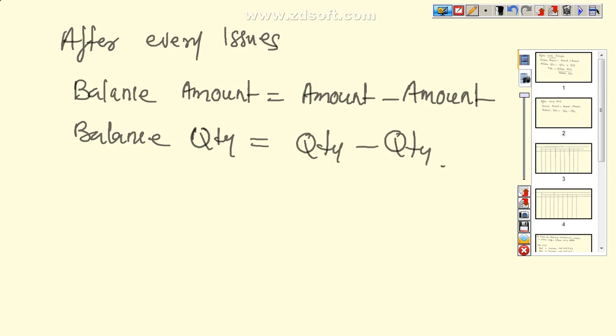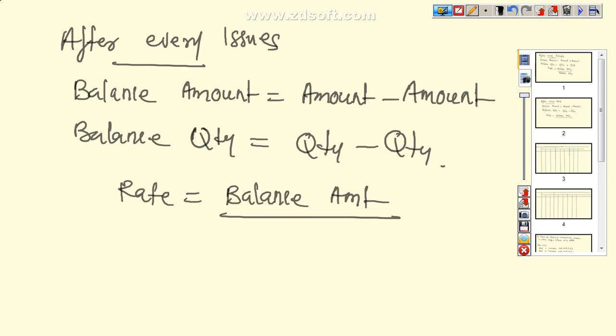After issuing the material, the quantity reduces as well as the amount. So to calculate the balance amount we apply amount minus amount and quantity minus quantity. Rate again is calculated as balance amount upon balance quantity. Now we apply this in the question.